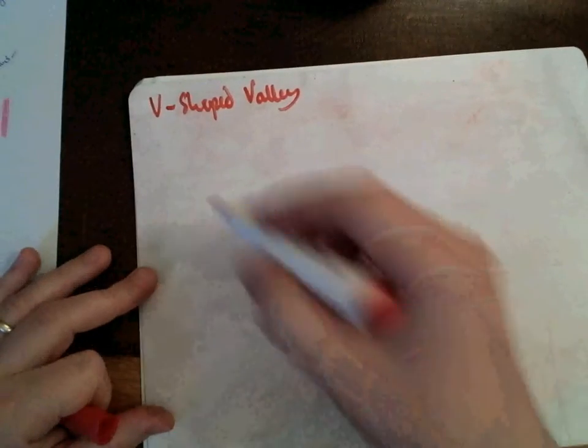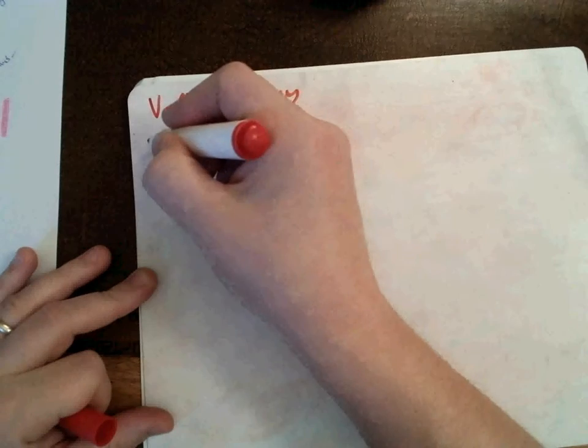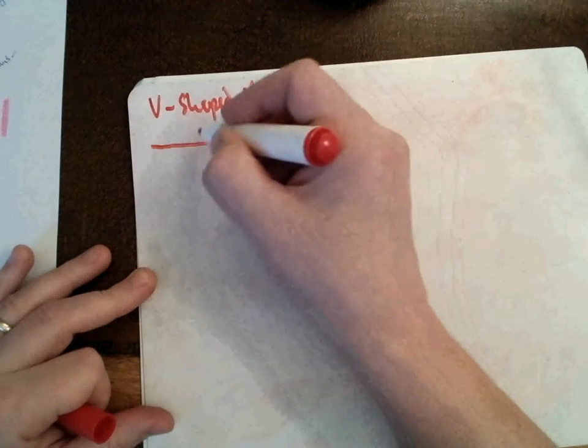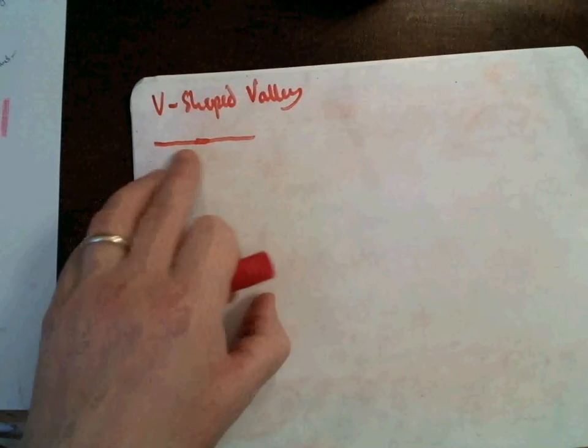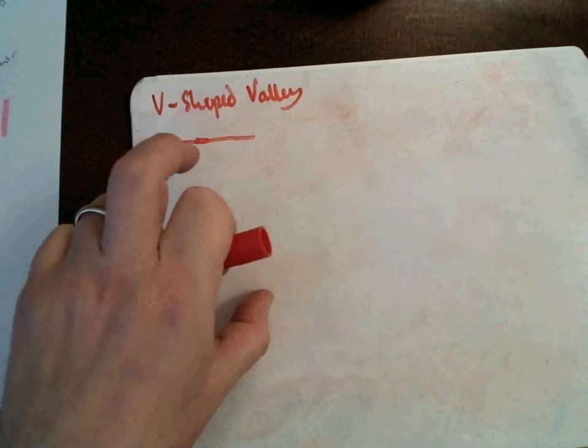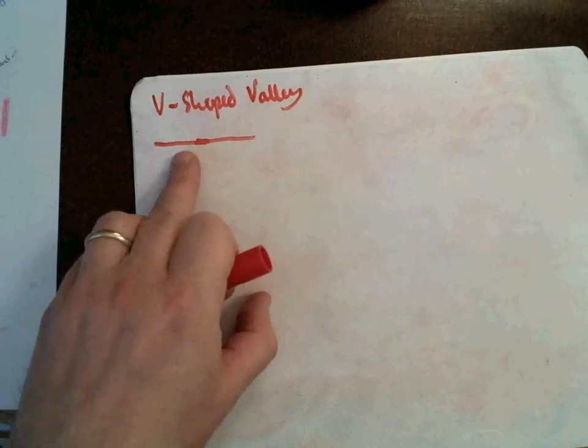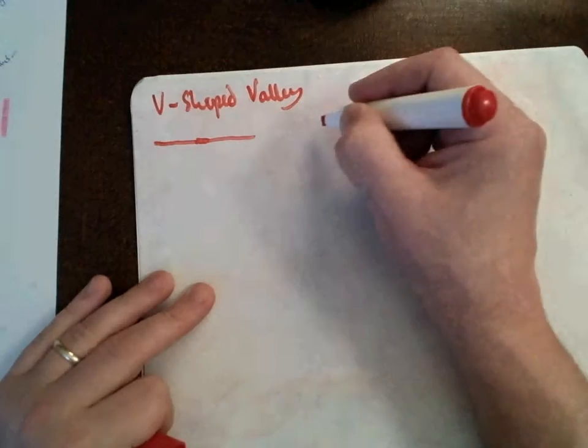It does help to support your answer with some diagrams. A V-shaped valley is basically formed when a flat landscape has a river flowing through it. This is the flat landscape. That river is flowing out of the board at you, so we're looking at it in cross section. Gradually, the river erodes down through the flat landscape.